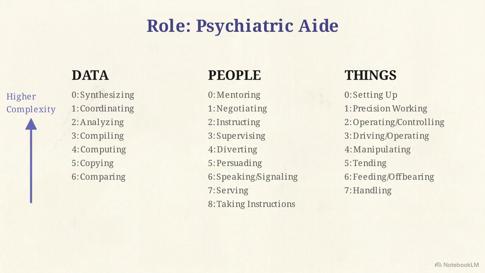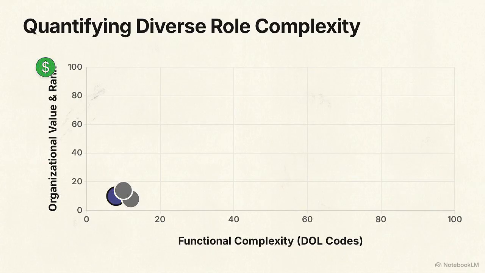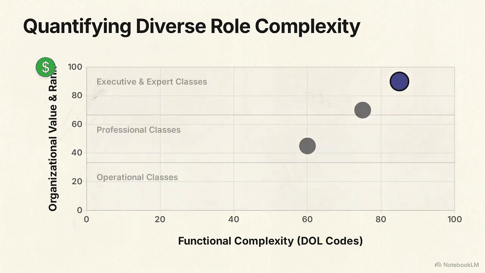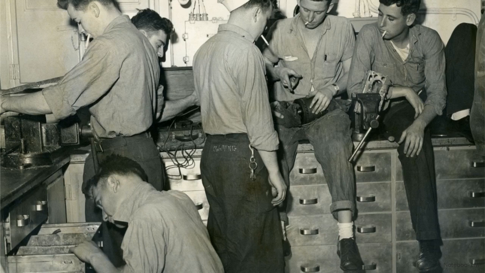The aide scores a 1 in data for coordinating information, a 7 in people for serving patients, and a 5 in things for tending equipment. Reducing complex, multifaceted jobs to a simple three-digit score gives HR departments the mathematical leverage to rank, classify, and compare vastly different roles across an organization. The U.S. Navy utilized the modern internet-based evolution of this framework, the O*NET system, to perform job analysis across its fleet.